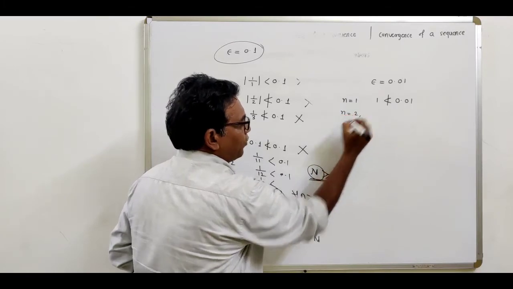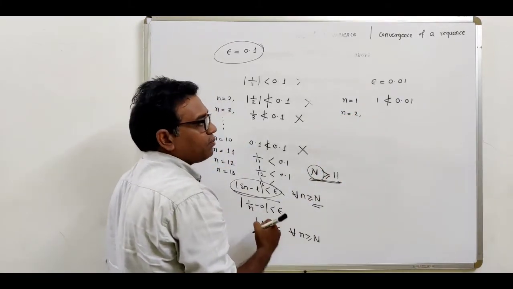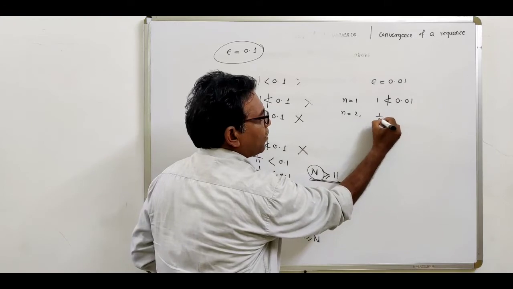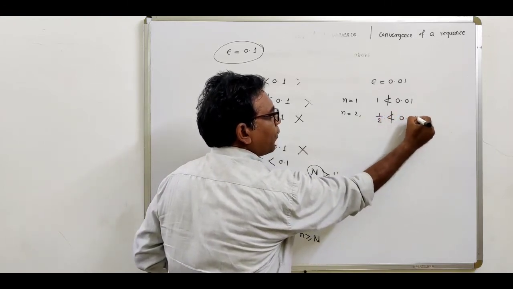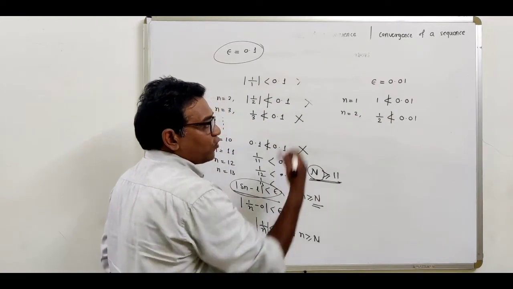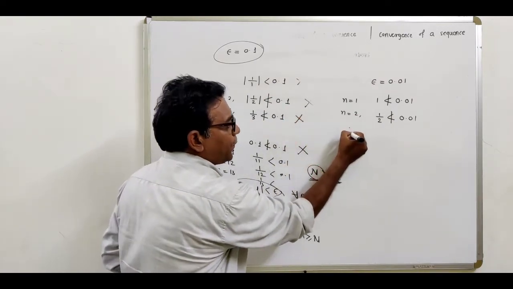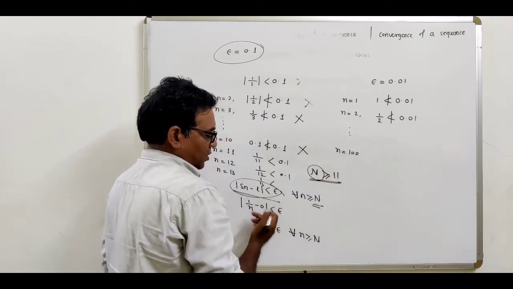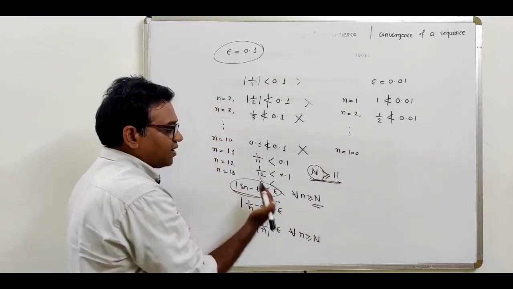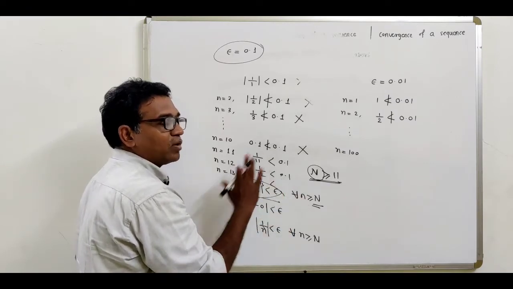If we take n equal to 2, the left hand side is 1 half, which is 0.5. Again this is not less than 0.01. So for n equal to 1, 2 up to n equal to 100, this condition modulus of Sn minus L less than epsilon does not satisfy.